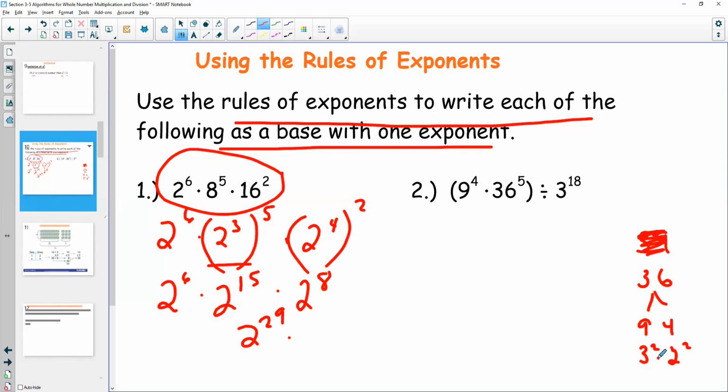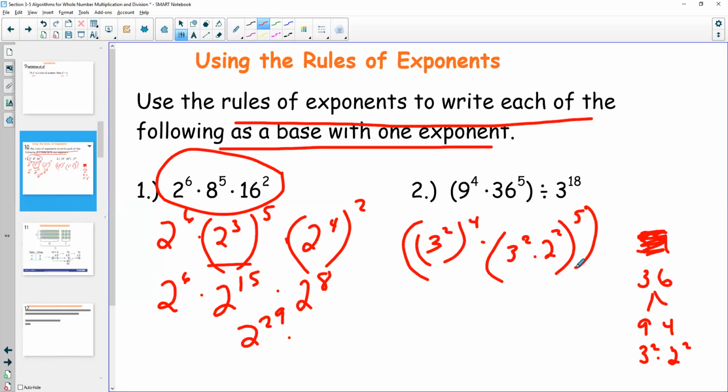All right, so 9 I could rewrite as 3 squared. Let's do that. 3 squared to the power of 4. And then I have 36, which I decided to rewrite as 3 squared times 2 squared, all that to the power of 5. And then that whole thing is divided by 3 to the 18th.